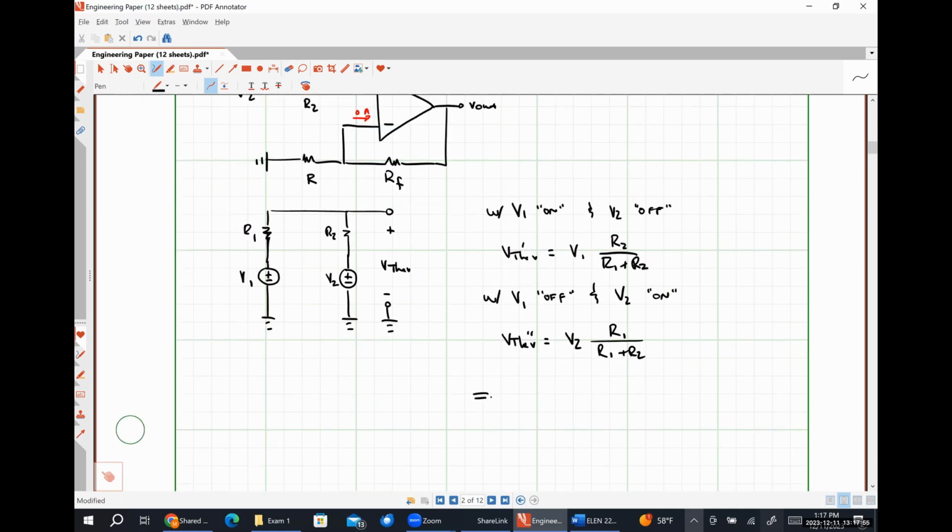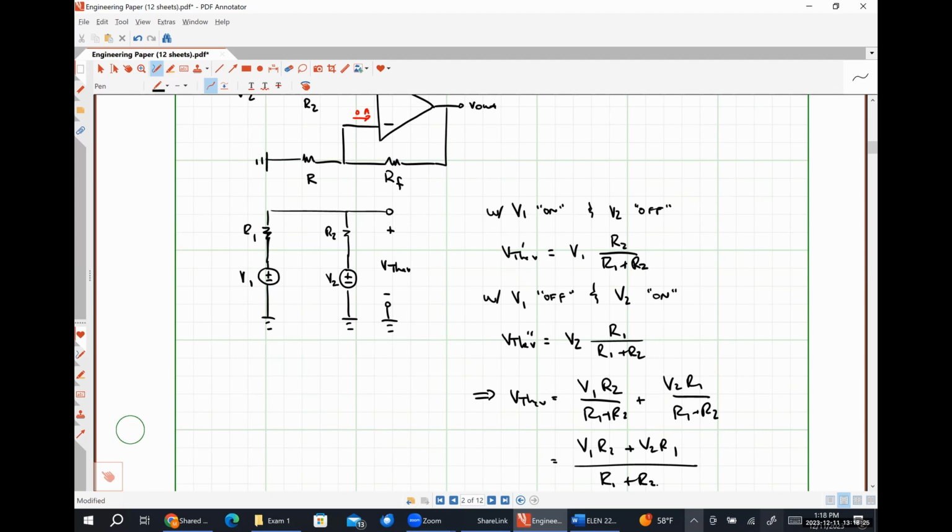And then adding these results together, I get V1 R2 over R1 plus R2 plus V2 R1 over R1 plus R2, which is equal to V1 R2 plus V2 R1 all over R1 plus R2.